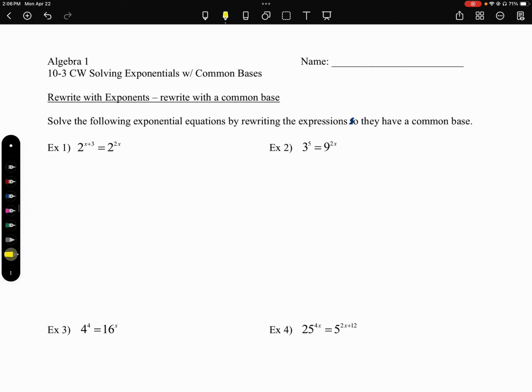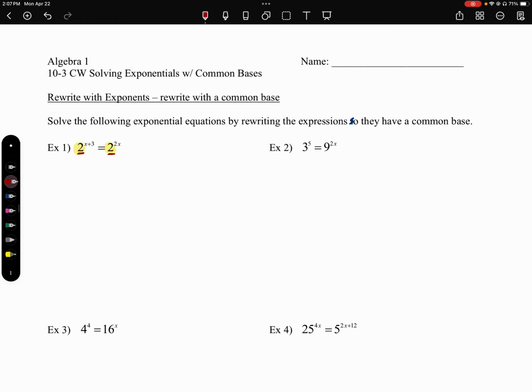The thing that you need to notice here is right now we are looking at two expressions and they're both base 2. Remember, the base is the big number, the exponent is the small number that's superscript. If our bases are the same, in this case we have 2 and 2, then all we're really comparing is the exponents.